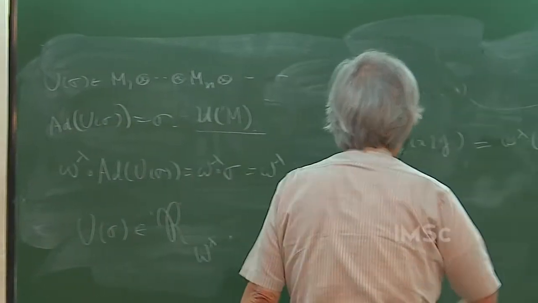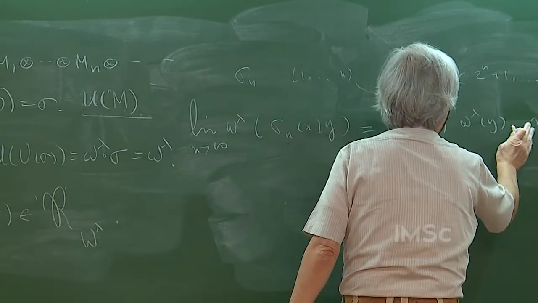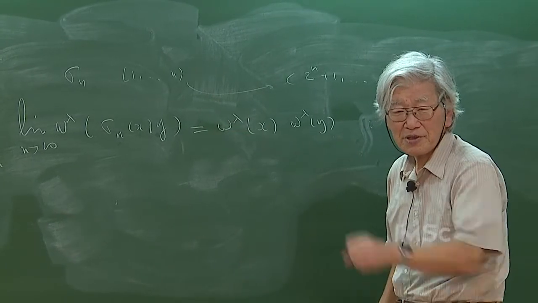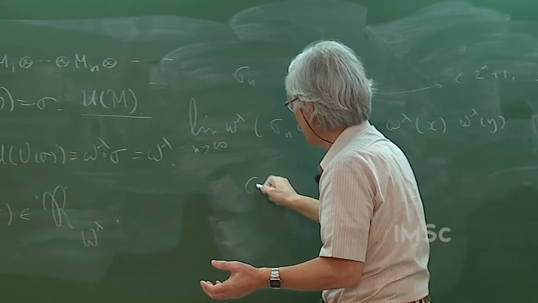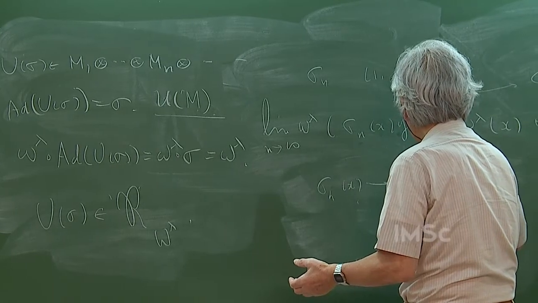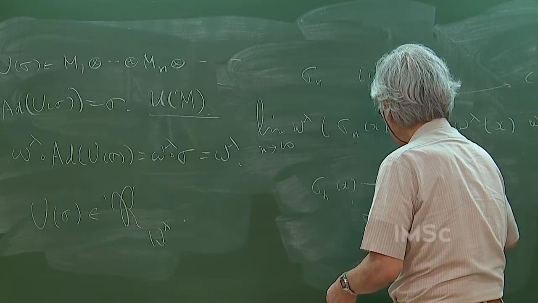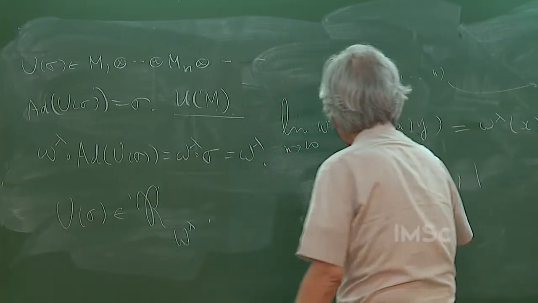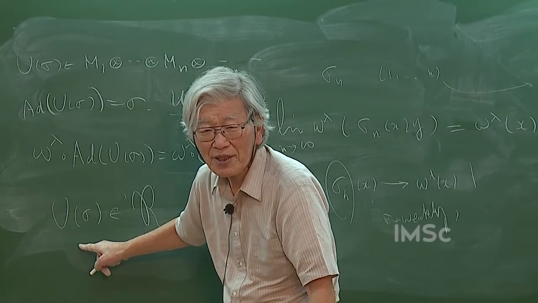So it's a product. And that's true for everybody in the weak closure as well, which means that sigma n of x moves to omega lambda of x times 1 weakly. But such a thing is carried out by the inner automorphism U sigma n.